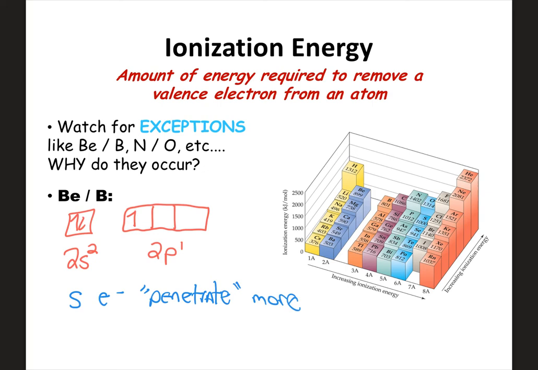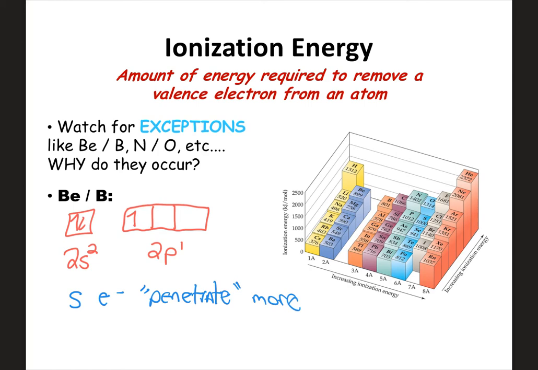And then notice as you would add the p electrons in for carbon, nitrogen, oxygen, so on, it just follows the trend and everything goes right back to normal. But when that first one enters, the p sublevel there, it's a little bit easier to remove it because these s electrons penetrate the nucleus more and they feel the full effect of the nuclear charge more.